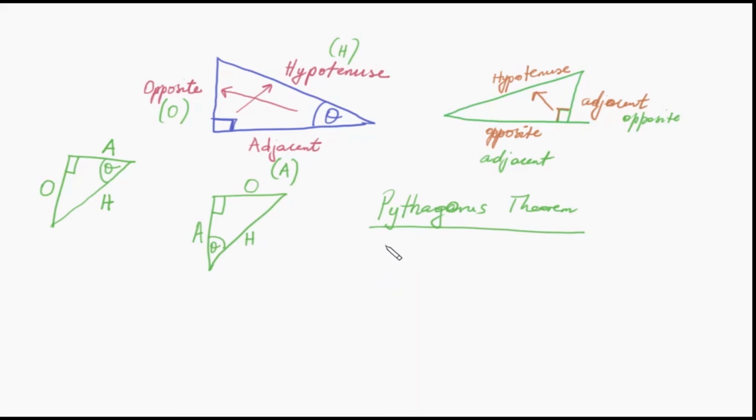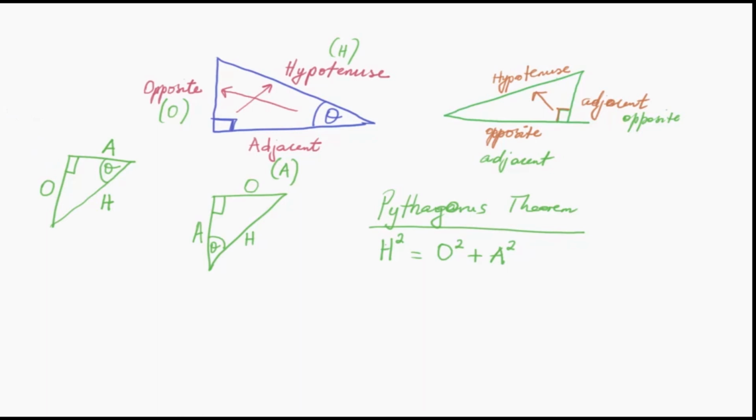So we are saying the square of the hypotenuse side is equal to the square of the opposite side plus the square of the adjacent side, because this is the sum. When we talk of the sum, we talk of addition, plus. This is the theorem that we need to understand.